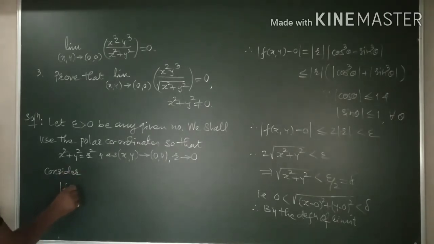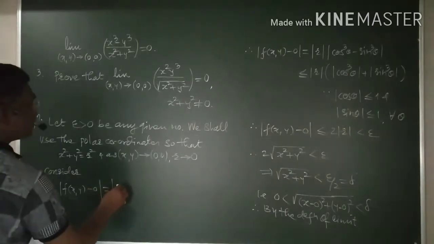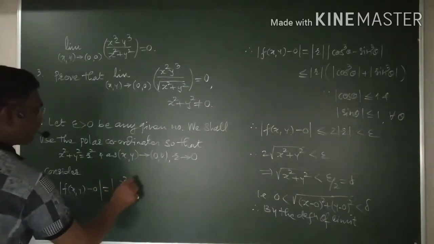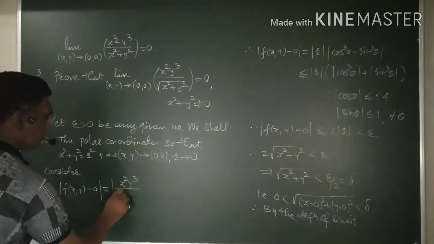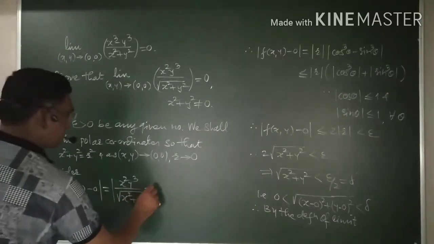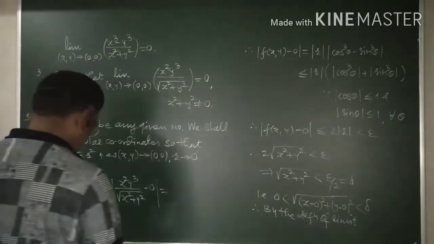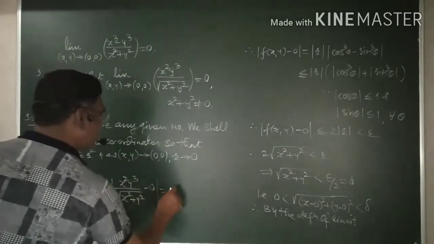the absolute value of f(x, y) minus 0, which is equal to x² y³ upon the square root of x² + y², minus 0. What happened here?